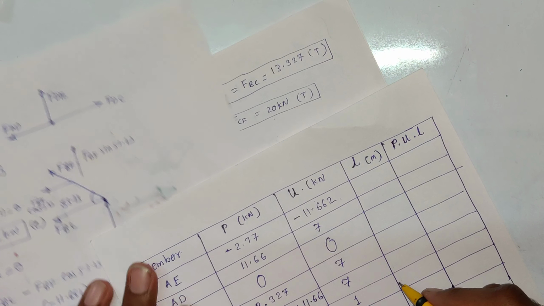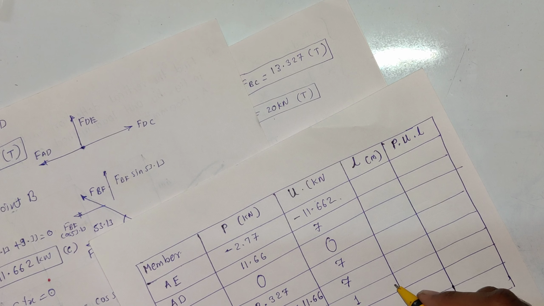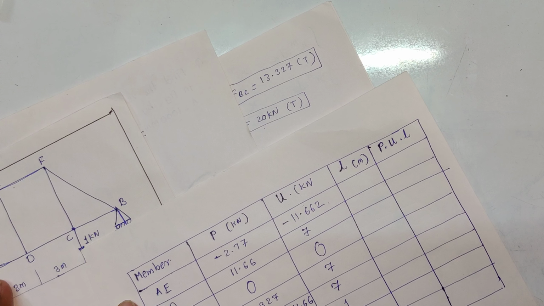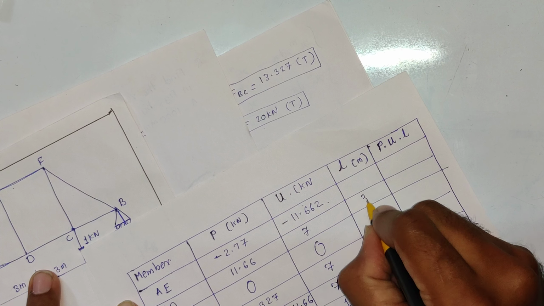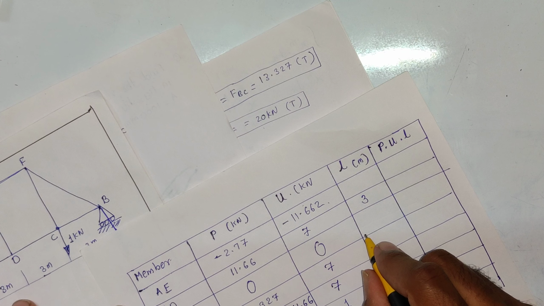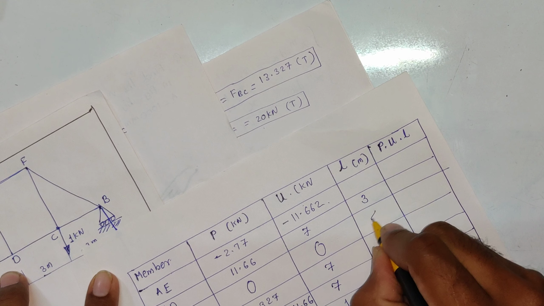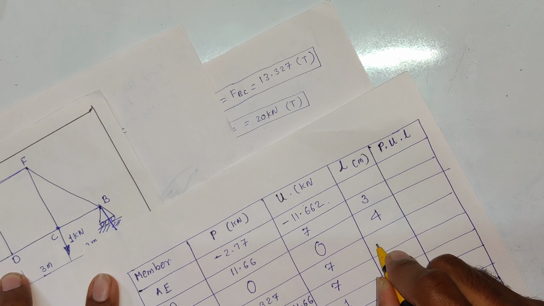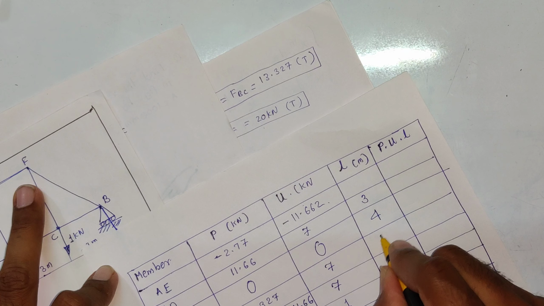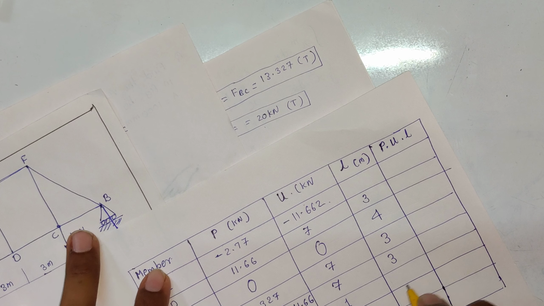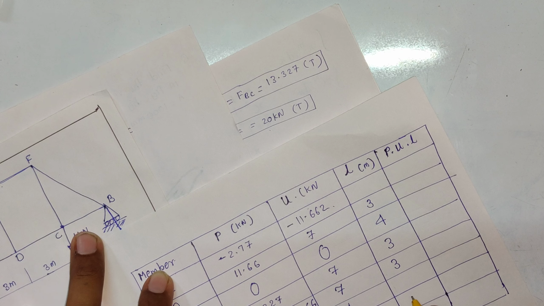Right, now find length of each member. See here, ED is equal to 3. Next ED is equal to 4. EF is again 3. DC is also 3. CB or BC is 3.